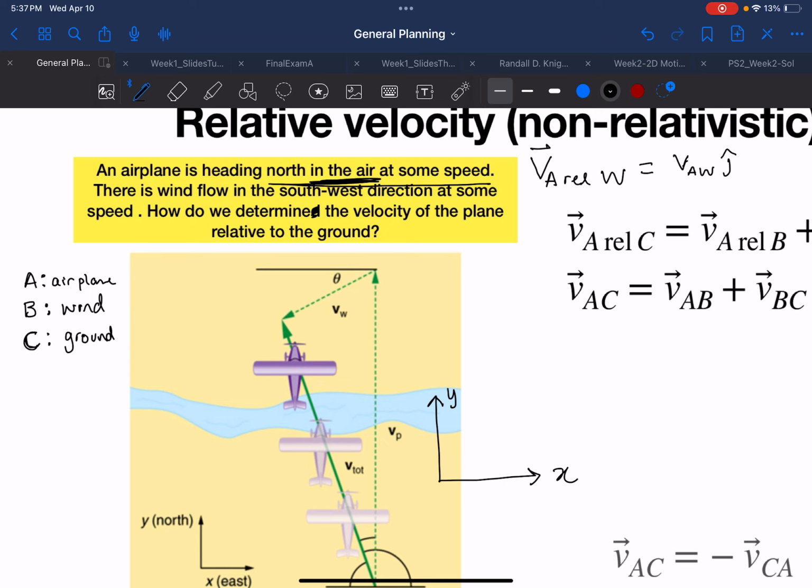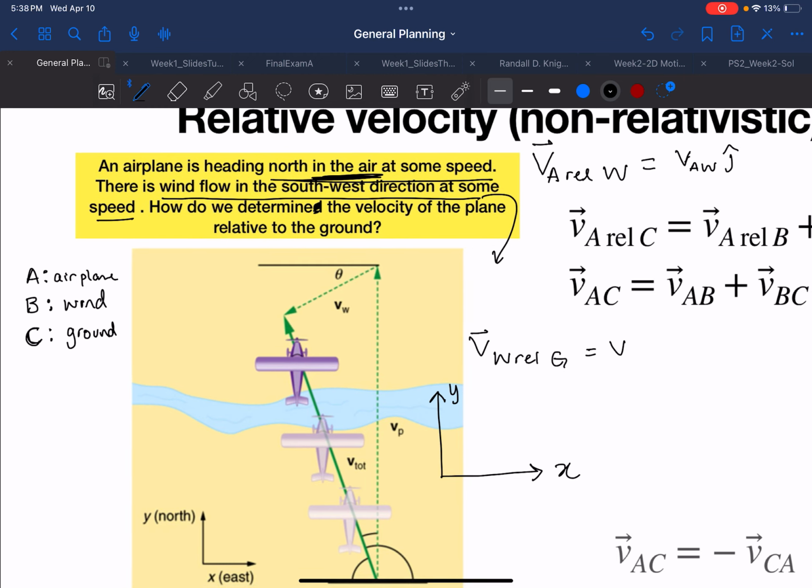Then we have wind flow in the southwest direction at some speed. That is the velocity vector for the wind relative to the ground, because usually wind speeds are measured relative to the stationary ground. We can call this VWG. Since it's going in the southwest direction, we'll have x and y components.